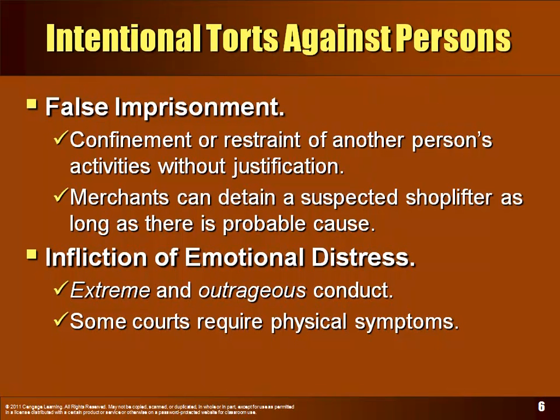In other words, you can claim you have emotional distress, but you have to bring in evidence to show that it's manifested somehow physically. Hives, convulsions, I don't know what it is. An expert who testifies this is how he's physically manifested his emotional distress. But just saying you have emotional distress sometimes isn't sufficient.